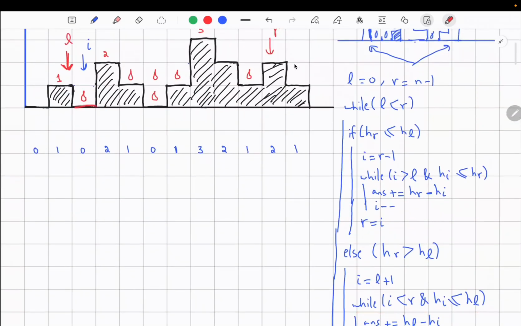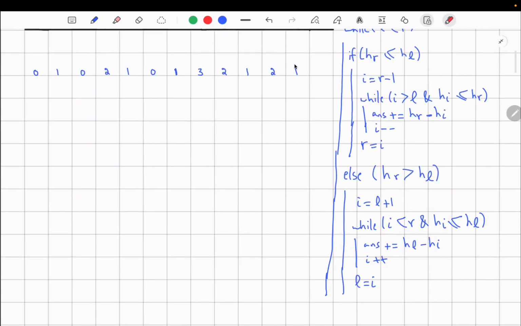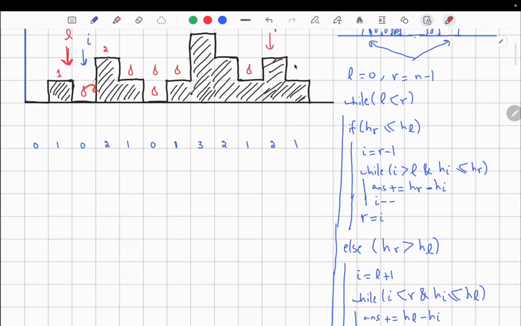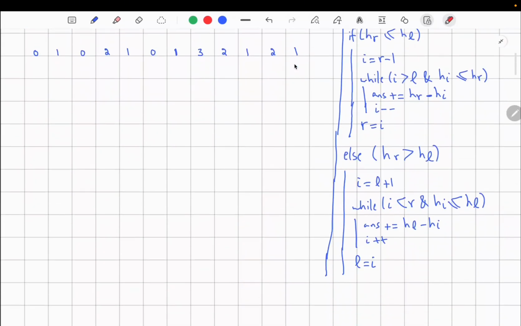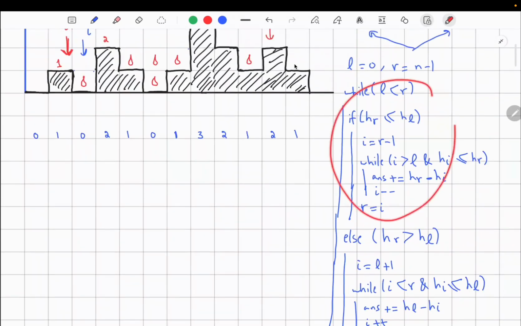So this is h i equal to 0 and this h l equal to 1. So here we will enter this loop and we will add to the answer h l minus h i. So h i is equal to 0, h l is equal to 1. So we will add 1 to the answer, which is correct because here we have one drop. And we will keep repeating this loop and this outer loop until we finish the algorithm.